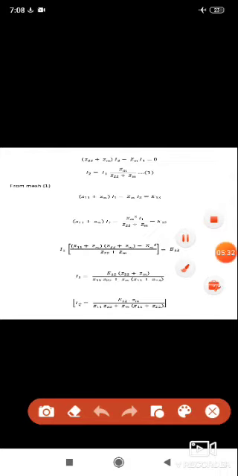The same is applied in mesh 1 also. This is the mathematical procedure. Finally we get two equations, I1, the current at port 1, and I2, the current at port 2.